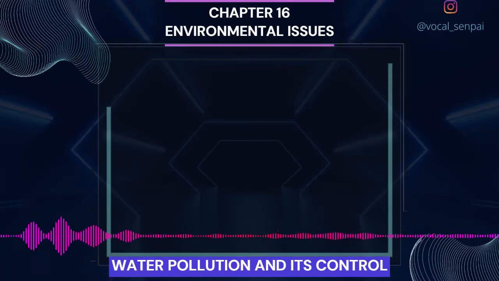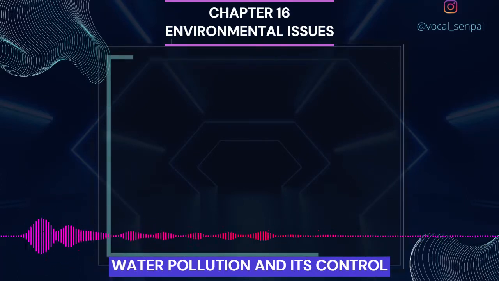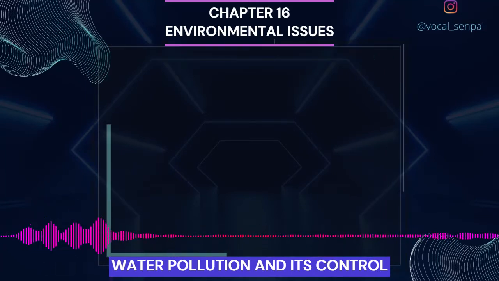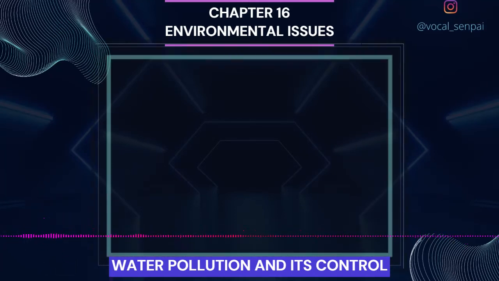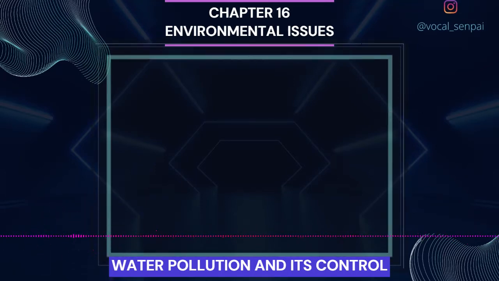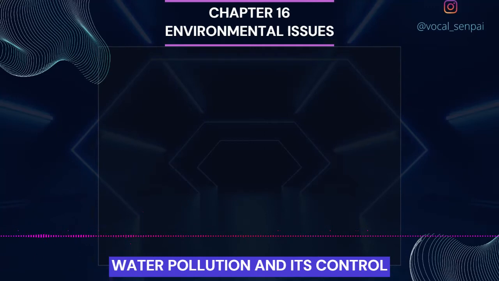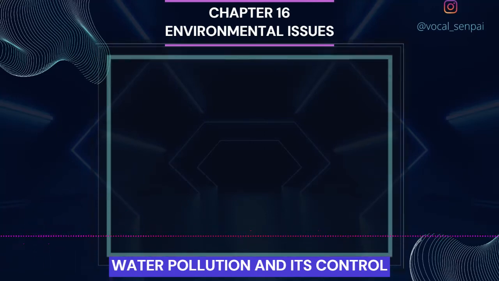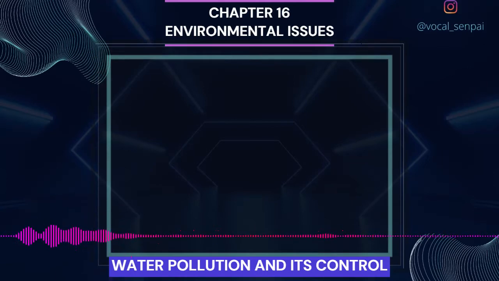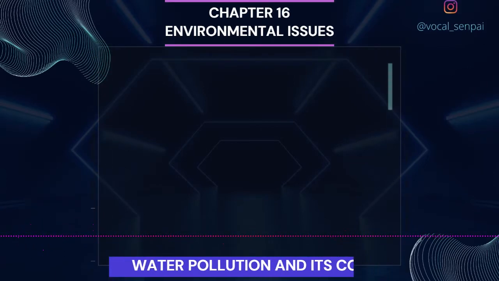Due to such activities of humankind, the ponds, lakes, streams, rivers, estuaries and oceans are becoming polluted in several parts of the world. Realizing the importance of maintaining the cleanliness of the water bodies, the Government of India has passed the Water, Prevention and Control of Pollution Act, 1974 to safeguard our water resources.